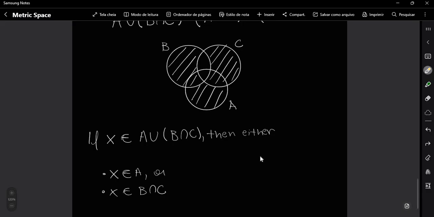So x belongs to A, something like that, and x also belongs to the intersection between the sets B and C. So something like that right here. This is the intersection between the sets B and C. So maybe we can place the element x right here.